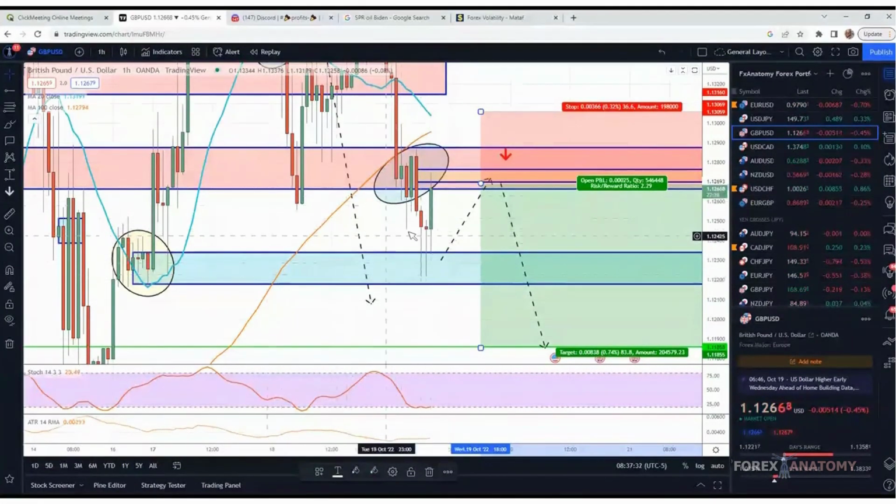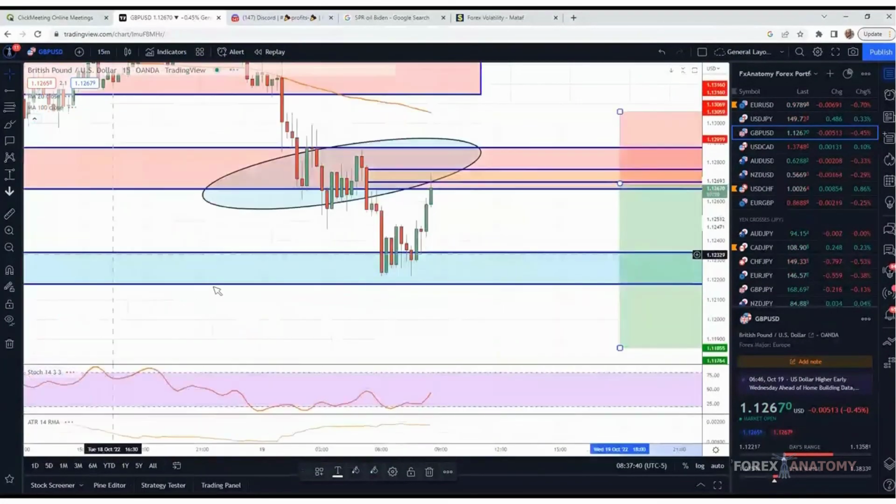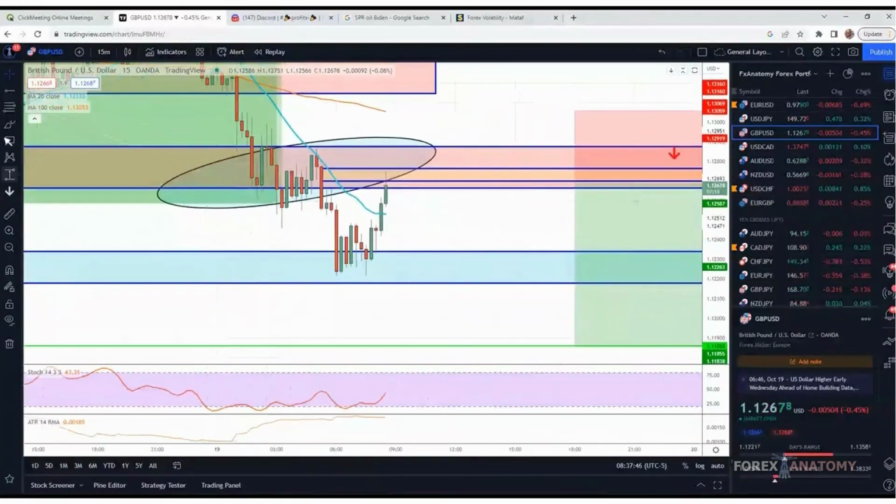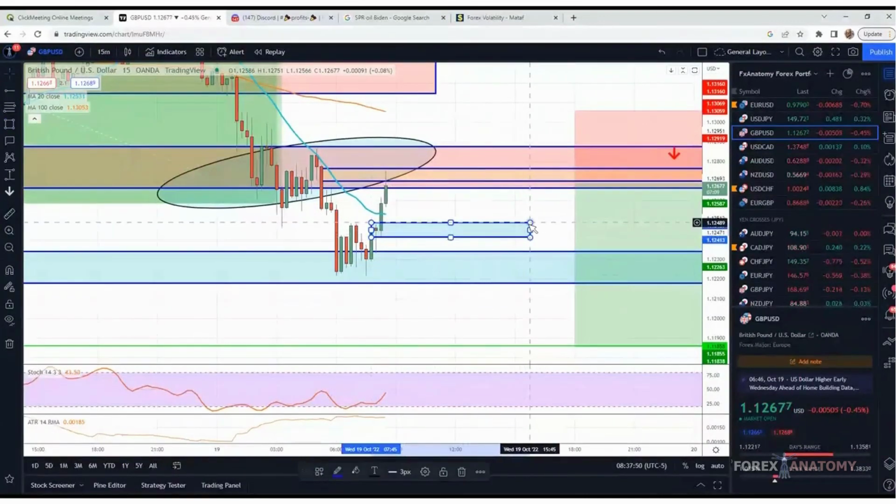But this is the GBP/USD. We could see a deeper push, which may actually happen because on the 15-minute chart, we see this could be leg A, leg B. Leg B could be a reversal into this particular zone right here.